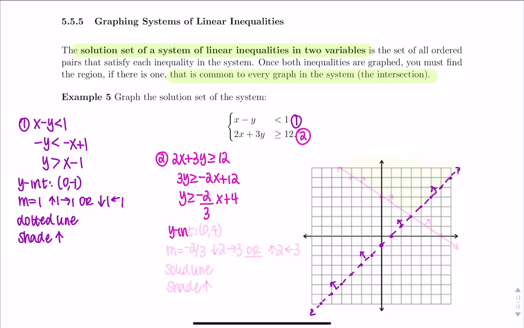And so my y-intercept is at 0, 4. My slope is negative 2/3. So we're going down 2 and to the right 3, or up 2 and to the left 3. This is a solid line, and we will be shading above.